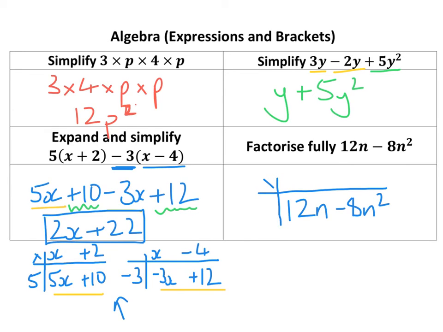Now I know this is a multiplication table, so I'm going to look for something that divides each of the pieces here. So what number goes into 12 and into minus 8? Well, 4 goes into both of those, and 4 times 3 makes 12, and 4 times minus 2 makes minus 8, doesn't it?